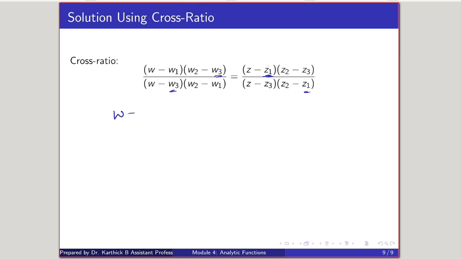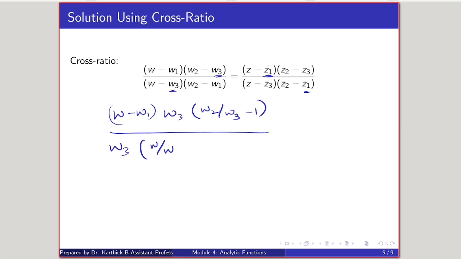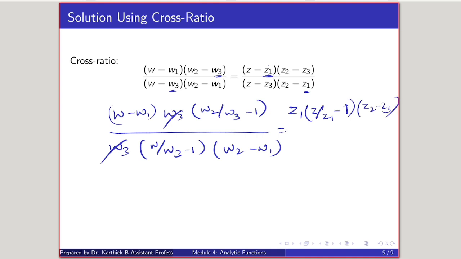So before solving this, we may get one idea. We may take w3 out of this term, so it may be written as 1 divided by w3 into (w over w3 minus 1), then w2 minus w1. So w3 will get cancelled. Similarly, I may take z1 out of this term, so (z1 minus z1) w1, z2 minus z3, divided by z minus z3 and z1 into z2 by z1 minus 1.